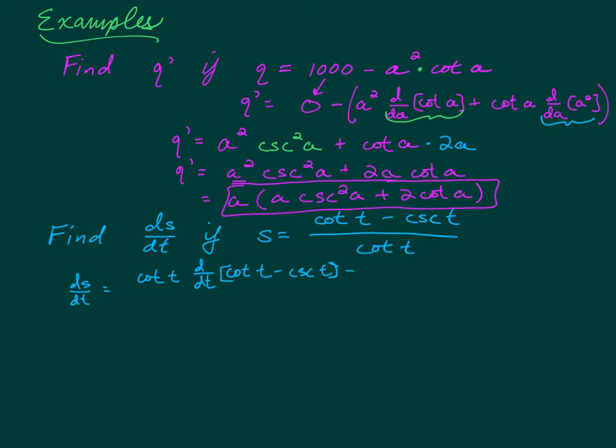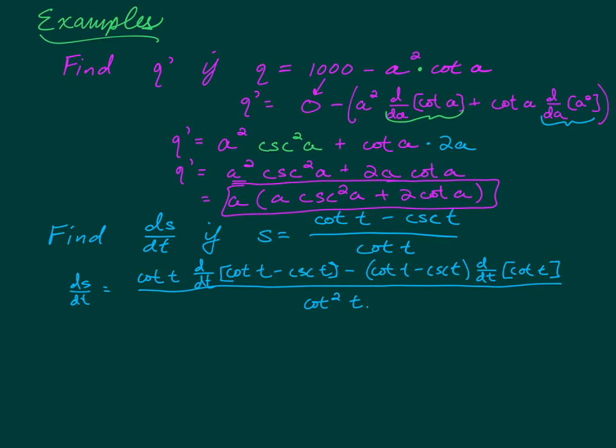Subtract the numerator, cotangent t minus cosecant t, times the derivative of the denominator, so derivative of cotangent t, all over the denominator squared. So cotangent squared t. I have a feeling we're going to be doing a lot of simplifying here. Let's see what happens.